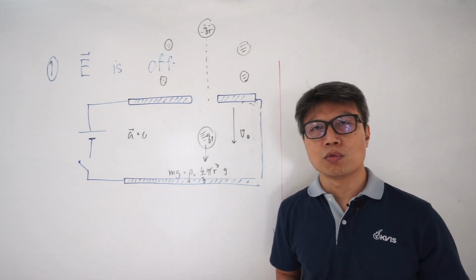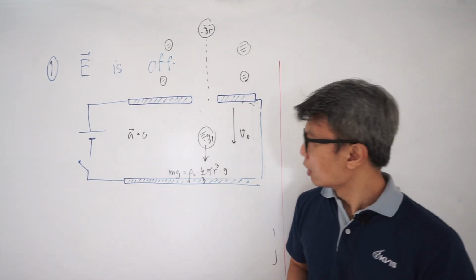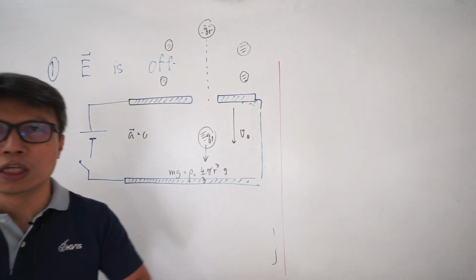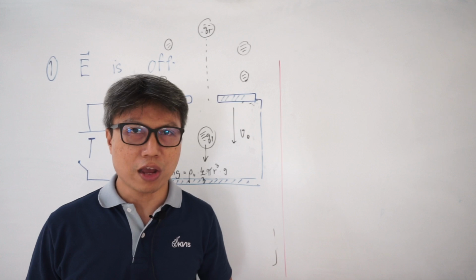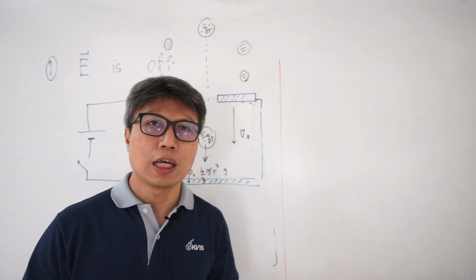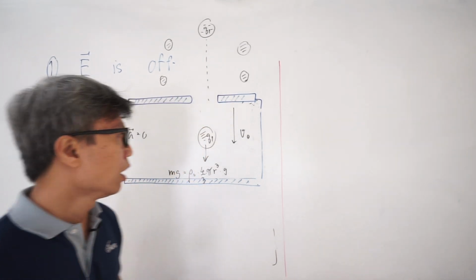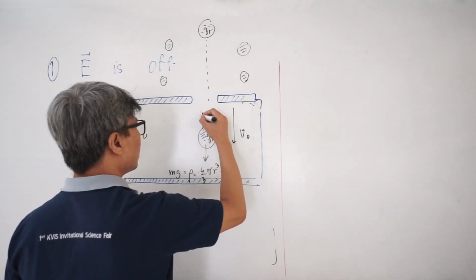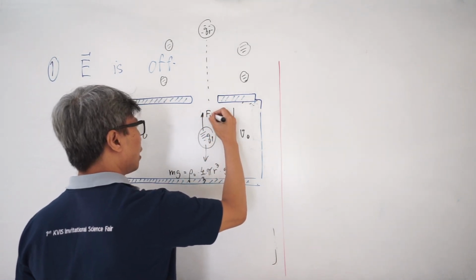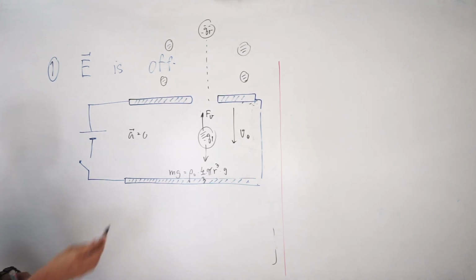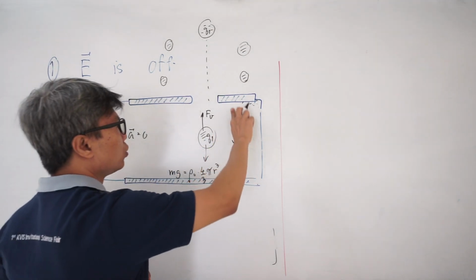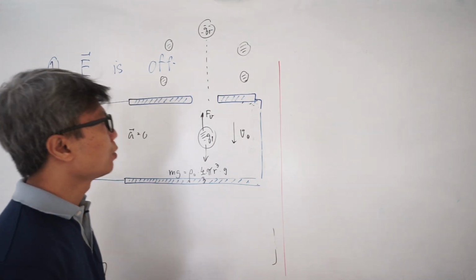And the next force that we have: definitely when our drop is falling into a medium such as air, we have to consider air resistance, right? Usually for the air resistance I use the notation FV. FV is an abbreviation for the viscous force, for which we have to use Stokes' law for the calculation.